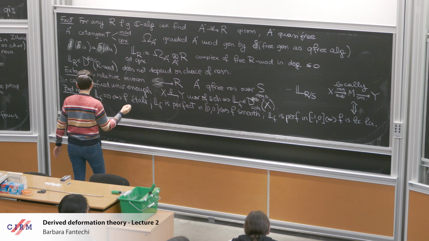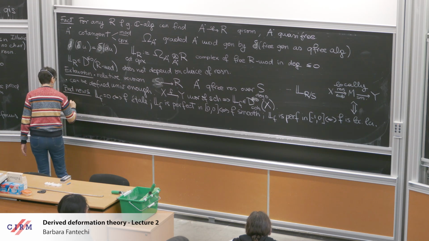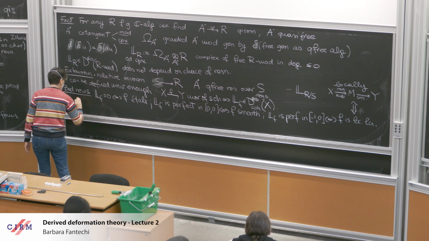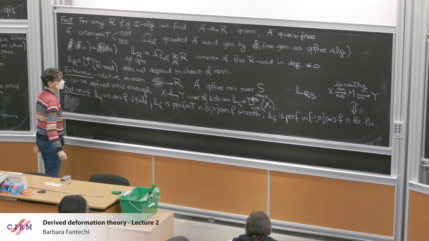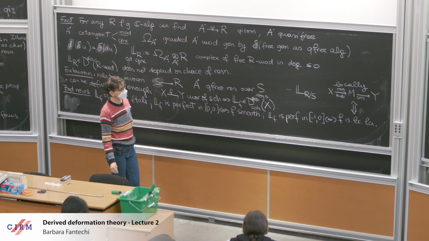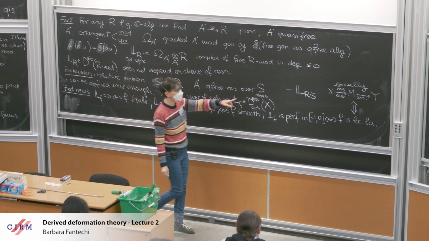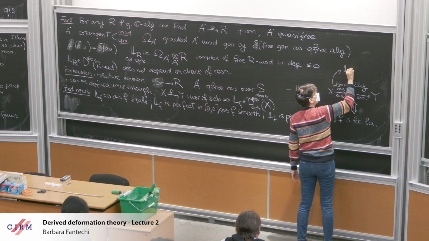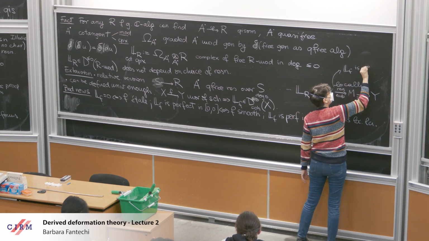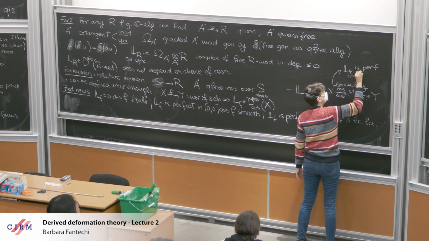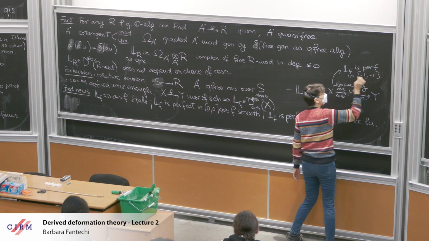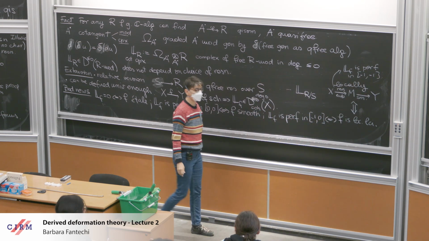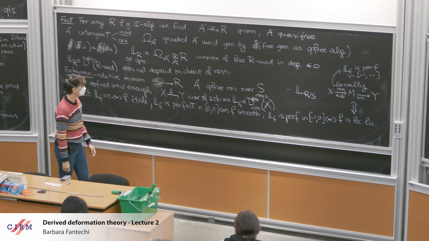In fact, I should maybe say that, well, I will not write this, but this is basically the idea. In particular, for a regular embedding, LF is perfect in [-1, -1]. It's just the conormal sheaf.